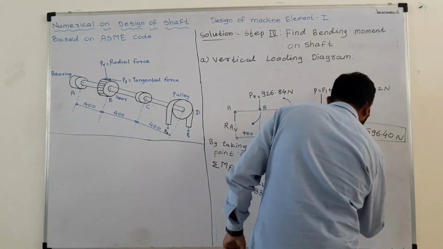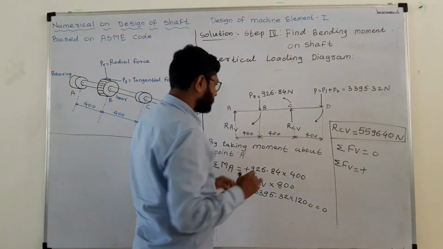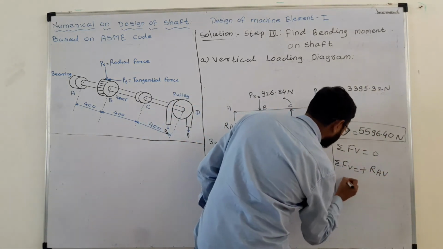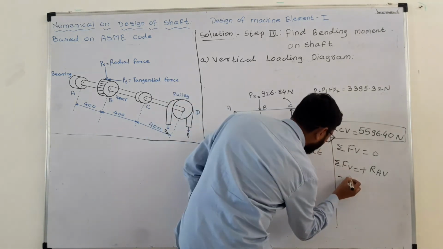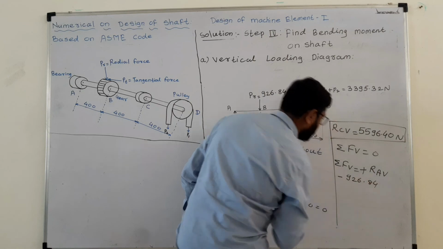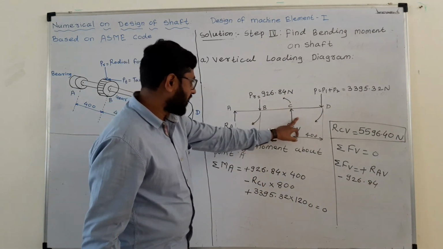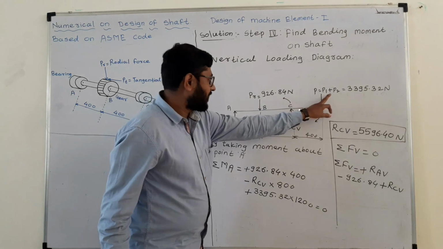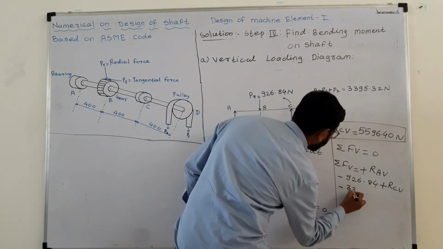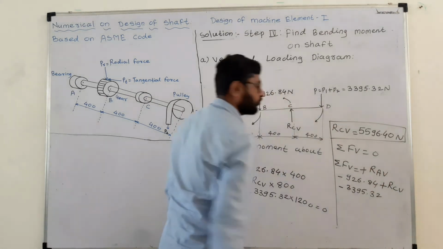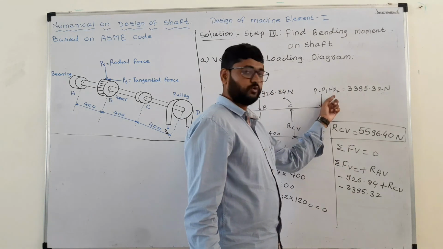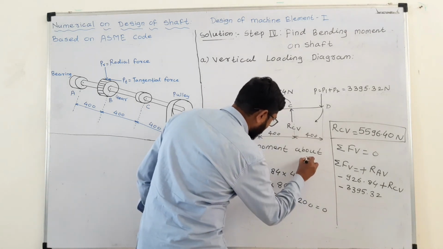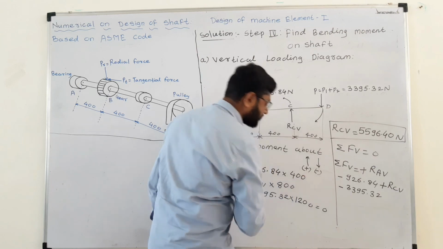Means here RAB is acting upward, so plus RAB, minus 926.84, this force is minus, again plus RCB and minus 3395.32, because this force is acting in the downward direction, and our sign conventions are upward positive and downward negative.